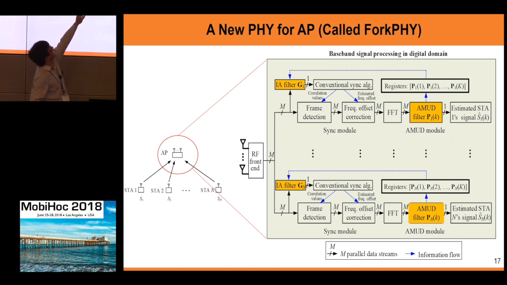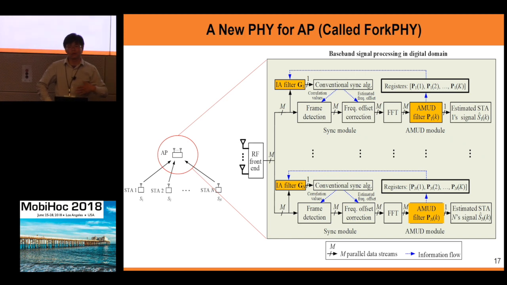And we also use an interference cancellation filter, which is in the time domain, to alleviate the interference and improve the performance of signal frame detection and frequency offset estimation.